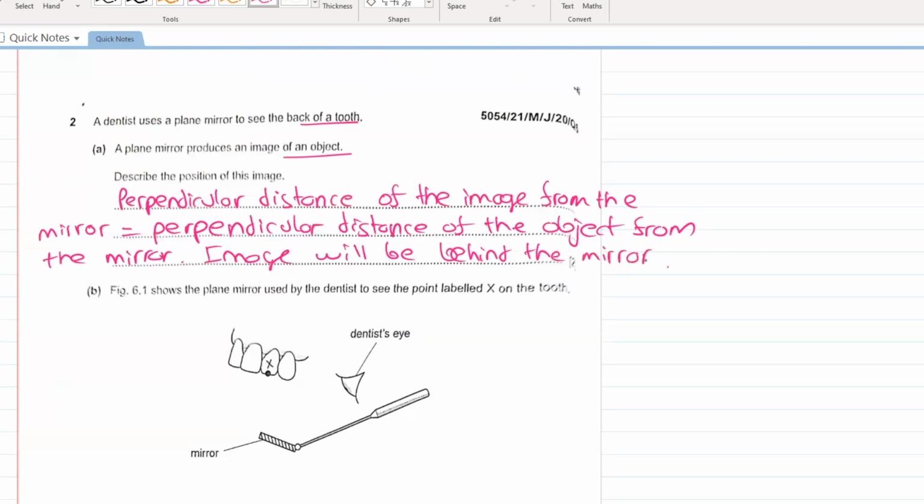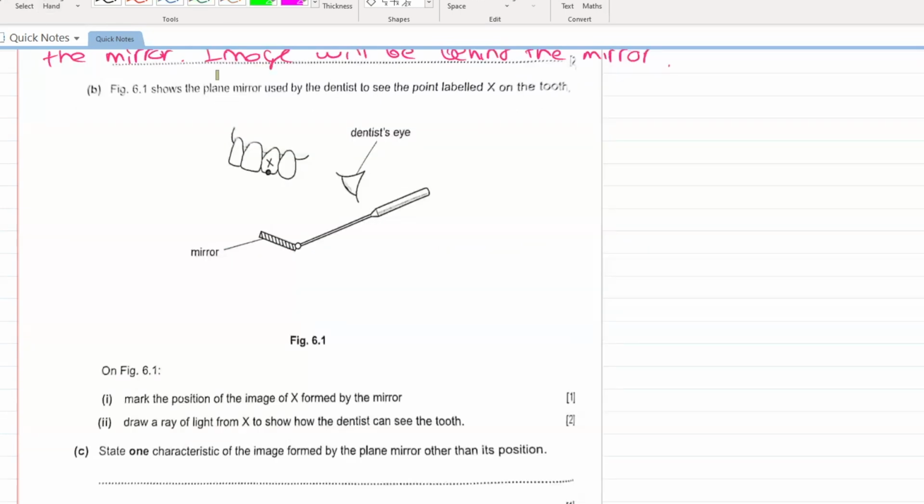Let's further move ahead. Let's look at part B. Figure 6.1 shows the plane mirror used by the dentist to see the point X on the tooth. On figure 6.1, mark the position of the image of X formed by the mirror. We remember that the perpendicular distance of the object from the mirror, let's say this distance, will be the same as the perpendicular distance of the image from the mirror.